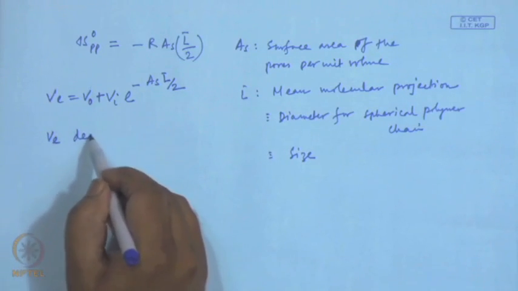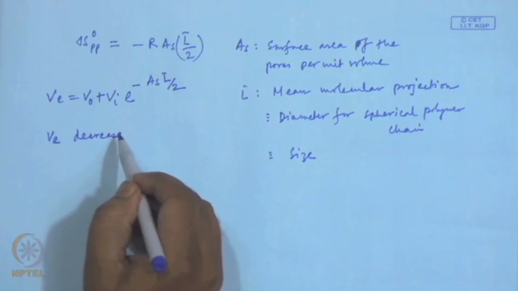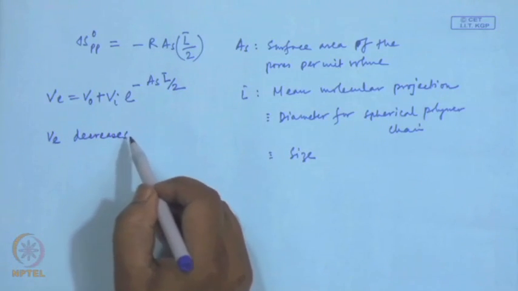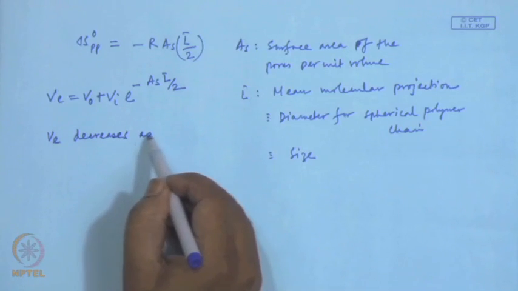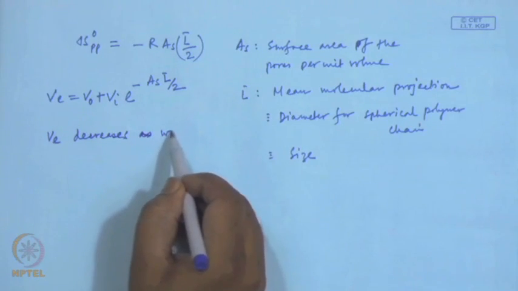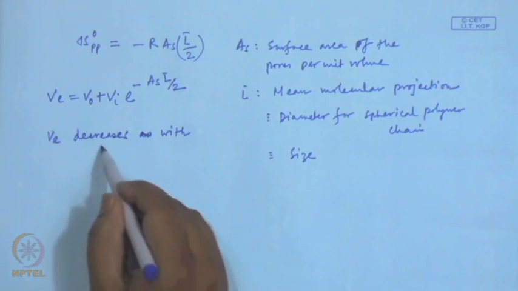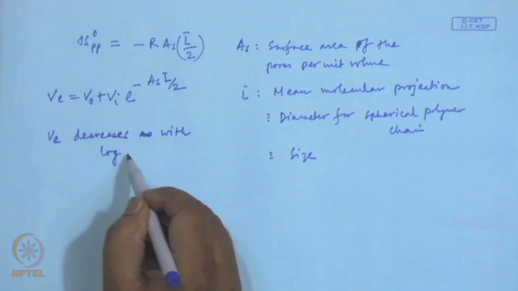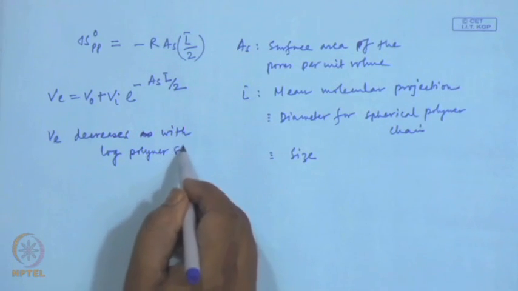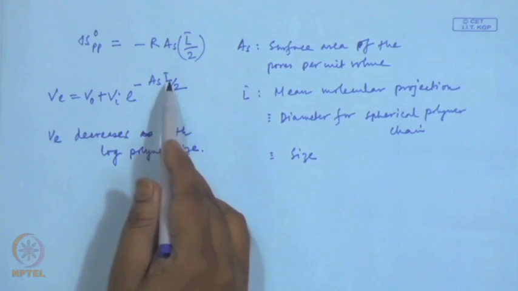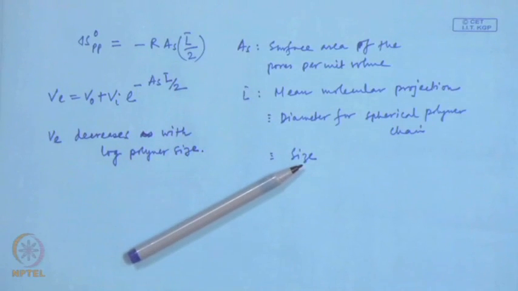From this expression you can clearly understand that V_E decreases with the polymer size.